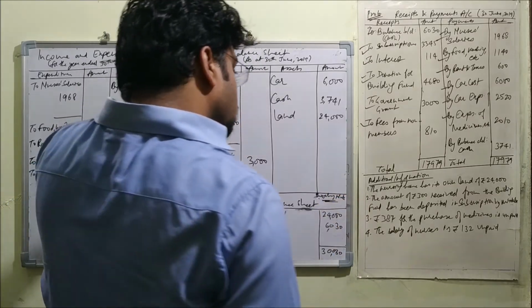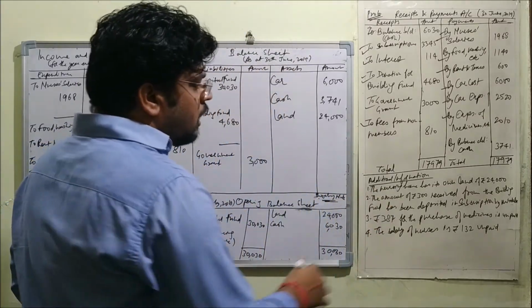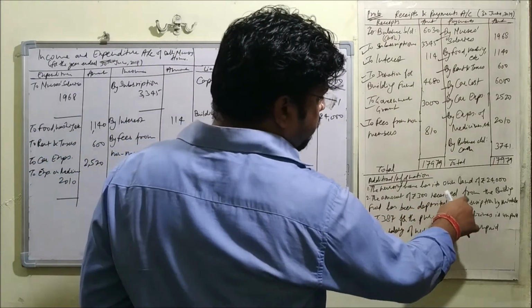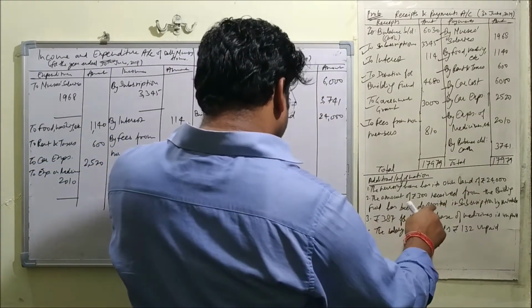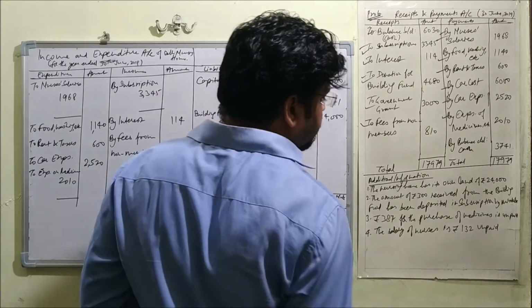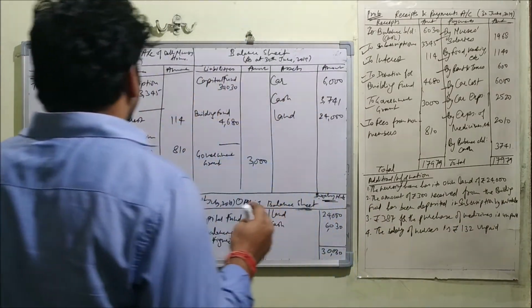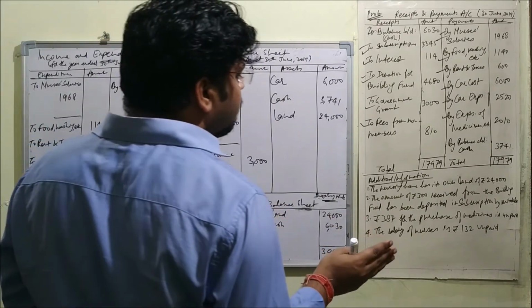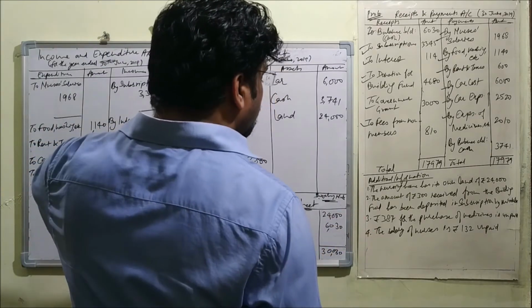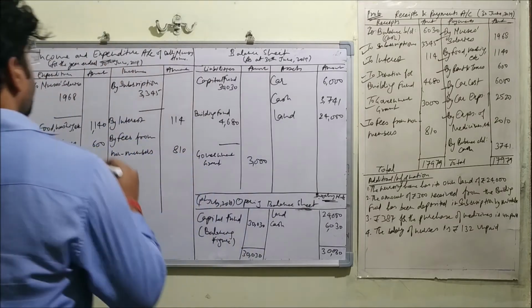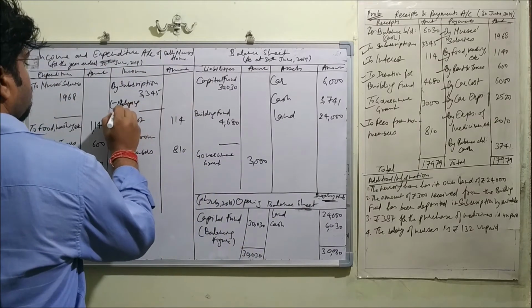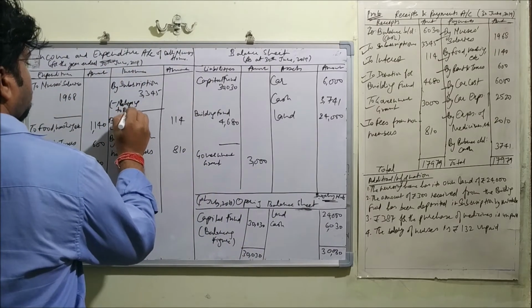Now let's move on to another adjustment. The amount of rupees 300 received for the building fund has been deposited in subscription by mistake. So we need to correct this error. Okay. So that amount by mistake was added to subscription. We'll have to deduct it, as it belongs to the building fund.